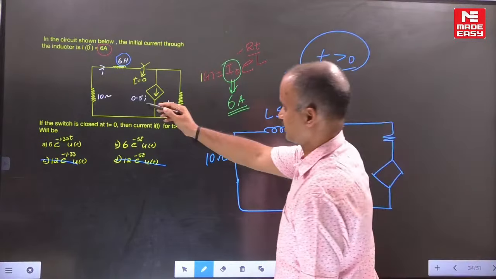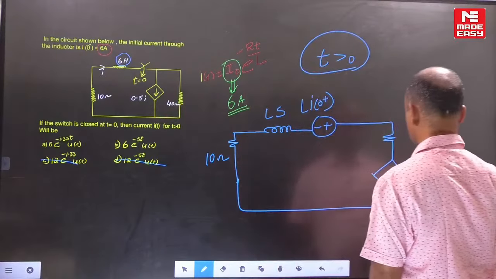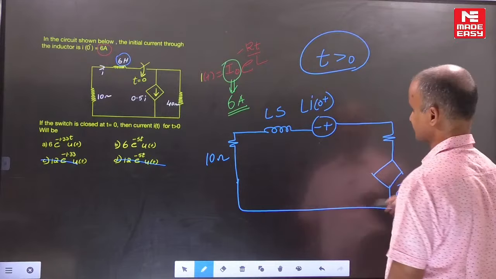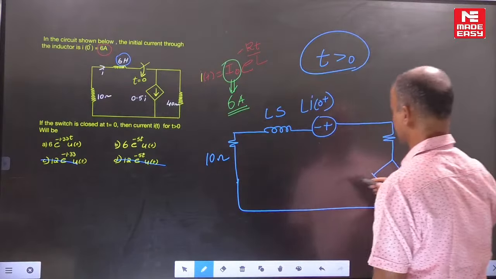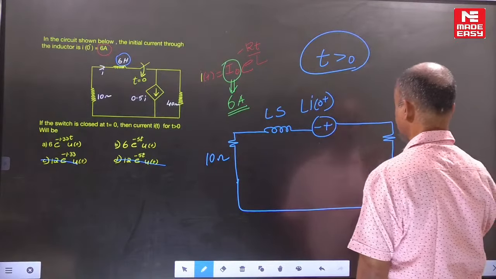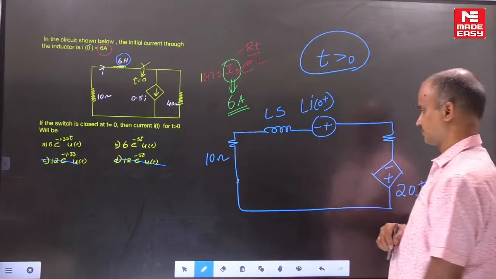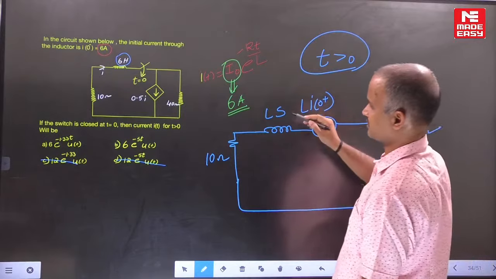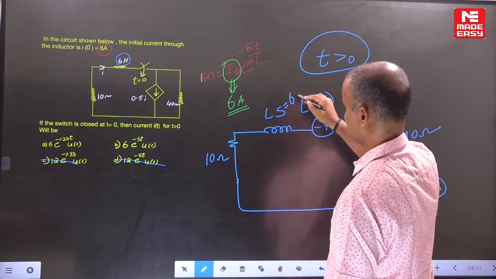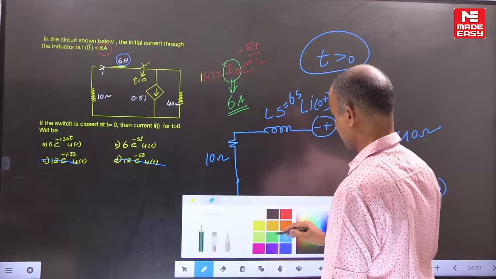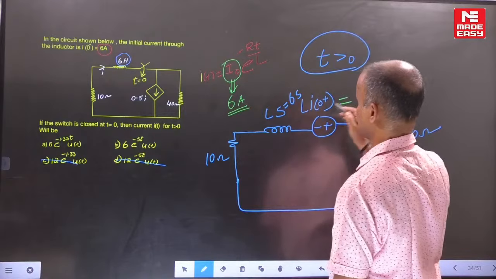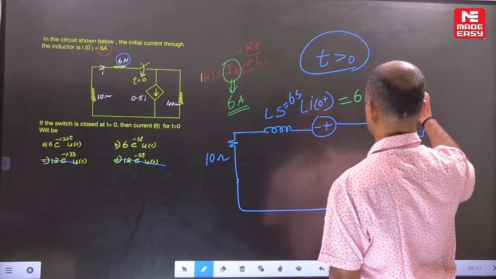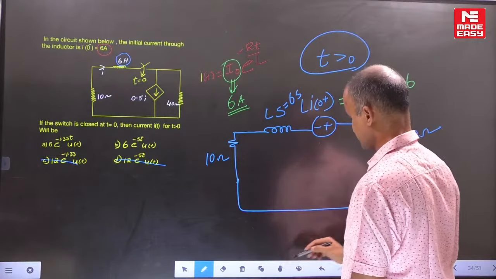If you transform this into an equivalent voltage source, the voltage source is 20 I of S, with the arrow mark indicated downwards. The resistance of this is 40. The inductance is 6, so you can write 6s, and the initial current is also 6, so 6 times 6 gives 36.